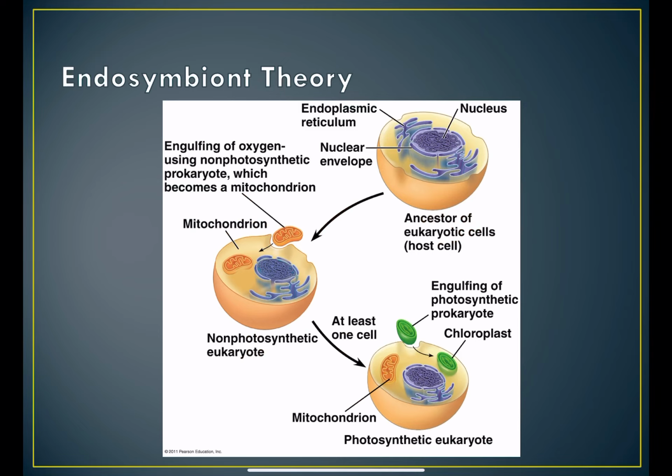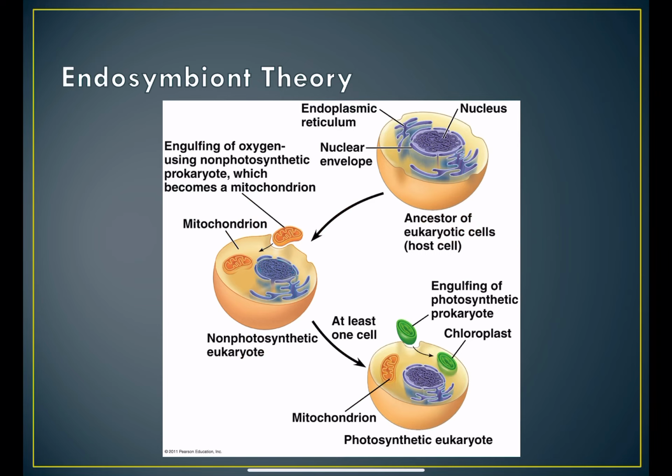So the endosymbiont theory. I mentioned this briefly yesterday when we talked about cell theory. I said all cells came from pre-existing cells, but where did the first cell come from? And so this goes back to endosymbiont theory. And so what happens in the endosymbiont theory is it kind of describes how we got eukaryotic cells.